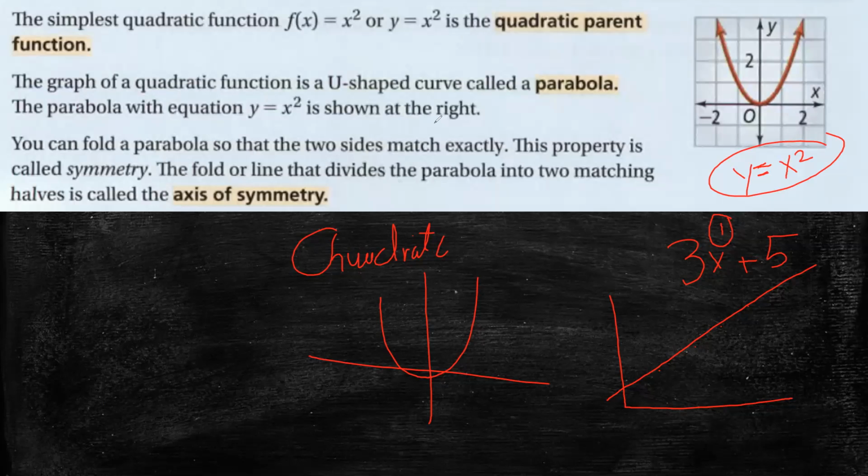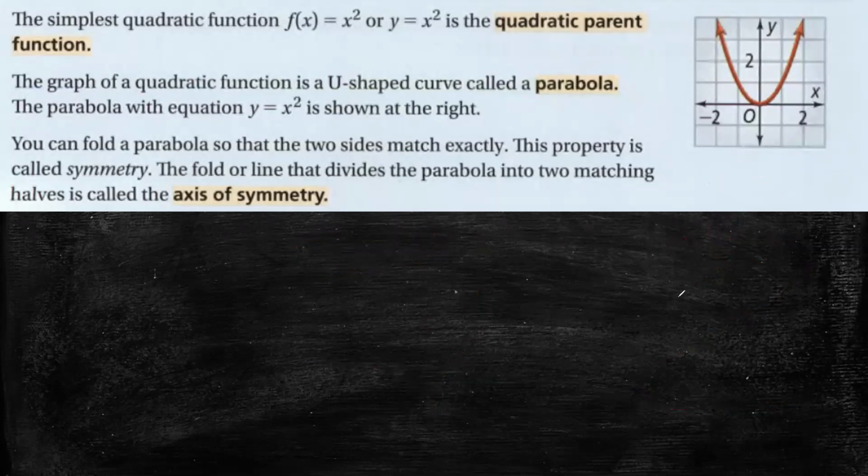Now look at this one here. Look at the line from this point to this point. You'll see that it's the same length from this point to this point, and here also, and here.